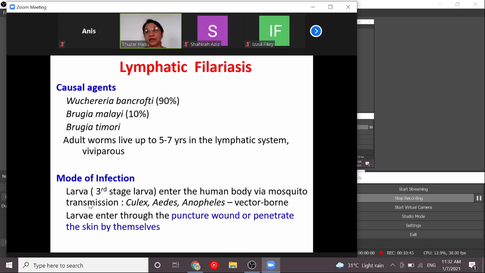In filariasis, the larvae are not directly injected into the patient. They break out of the proboscis sheath of the mosquito and are deposited on the skin. Then, because of the skin temperature and humidity, they migrate into the puncture wound. So not directly injected like sporozoites.